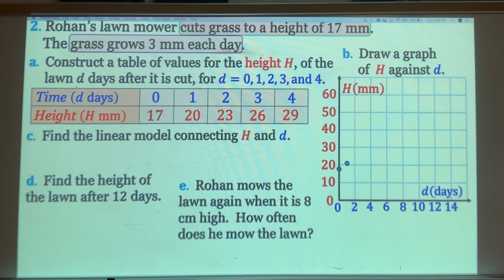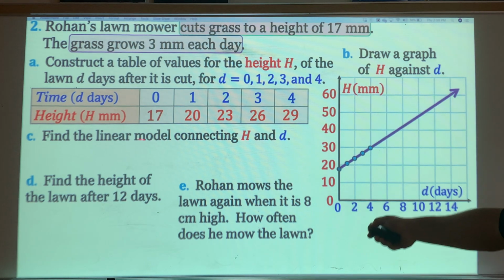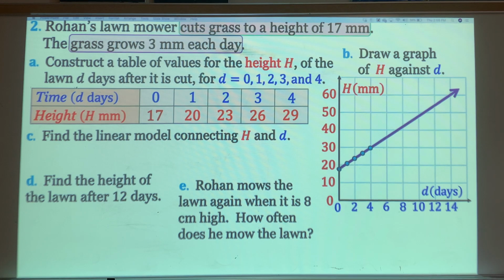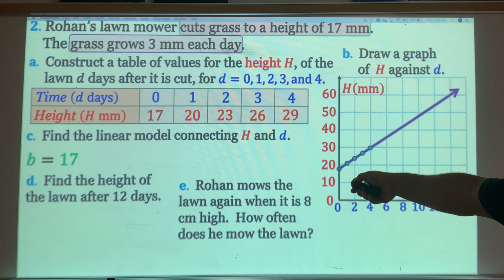And then I'm going to go up and plot each one of these points. Notice they go up evenly. I draw a line straight through it. Can I find a linear model connecting these things? Of course you can. The way you would do that is very simple. You would just say b equals 17, your initial point.